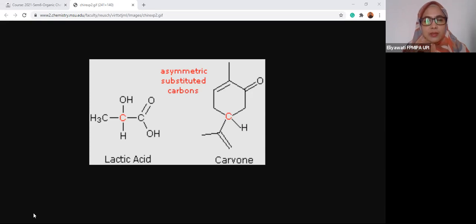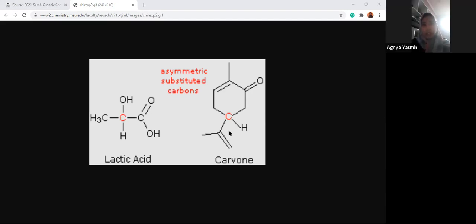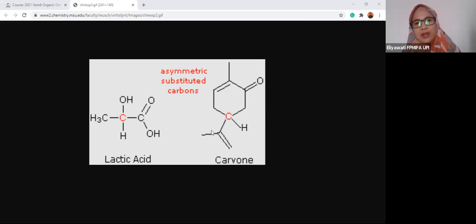If the substance has an asymmetric carbon atom, the substance can form an optical isomer.